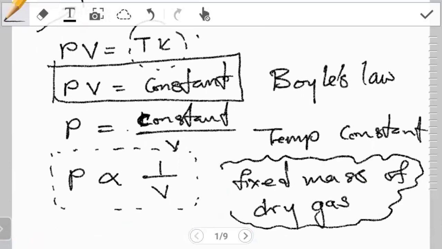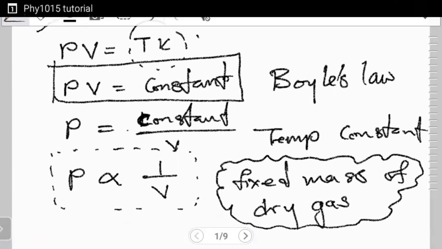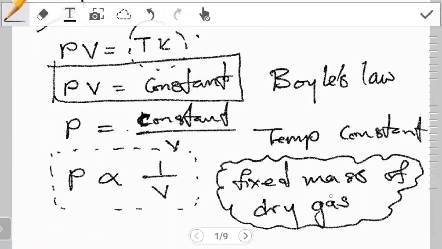So the mass of the gas has to be fixed. And apart from that, this has to be looked at in terms of a dry gas. So all we're trying to talk about is an ideal gas here. So if the mass is fixed and the temperature is maintained constant, then the pressure of that gas will vary inversely to the volume. This is basically what Boyle's law is all about.